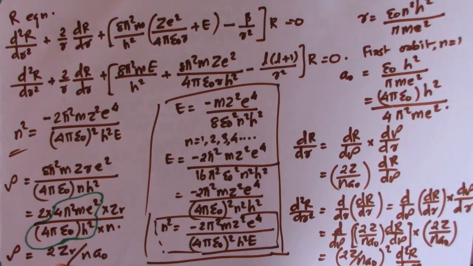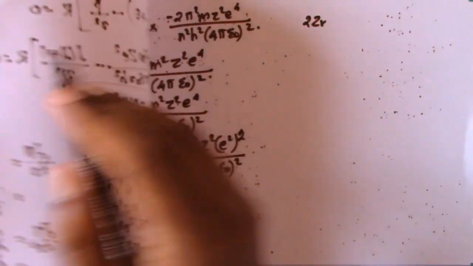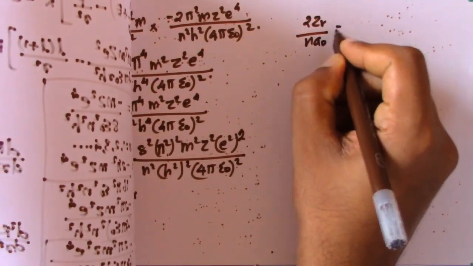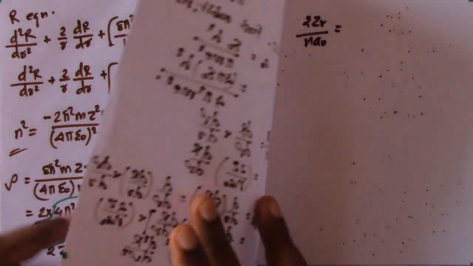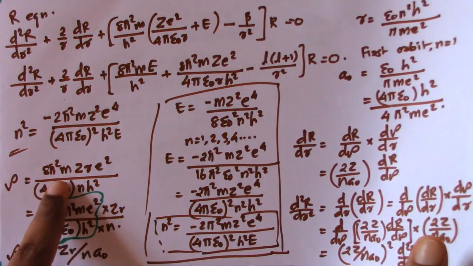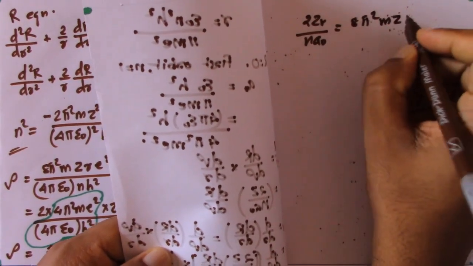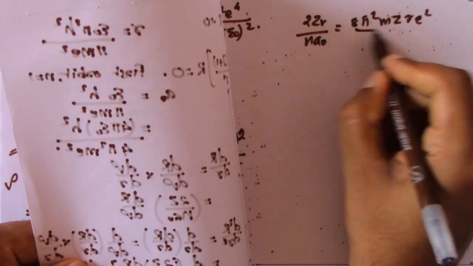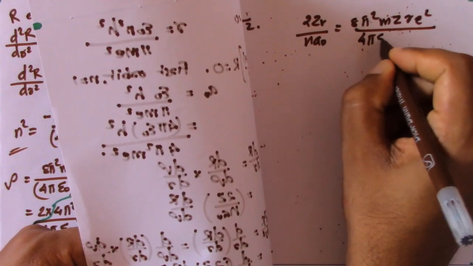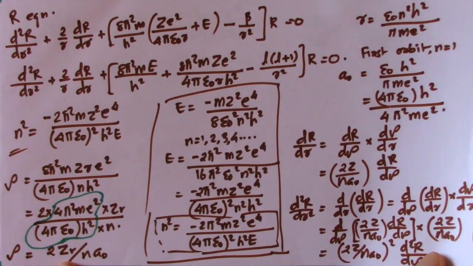You can see it here: 2zr by na0 is equal to rho, and rho is equal to 8 pi square m z r e square divided by 4 pi epsilon 0 n h square, right? We have already written this here. Rho is equal to this one.